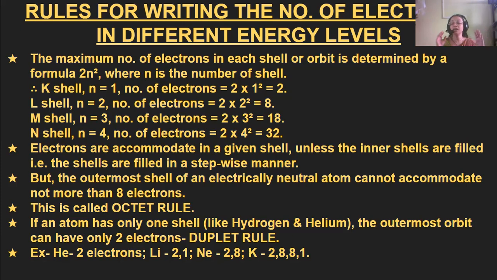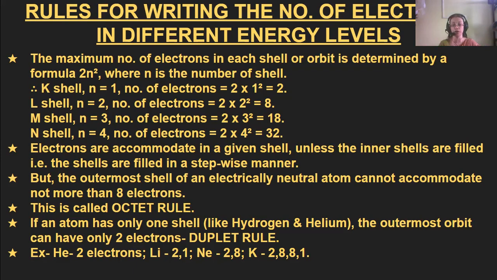If an atom has only one shell, like hydrogen and helium, the outermost orbit has only 2 electrons. This is known as the duplet rule. If an atom contains only one shell, the outermost orbit, that is the valence shell, will contain only 2 electrons.